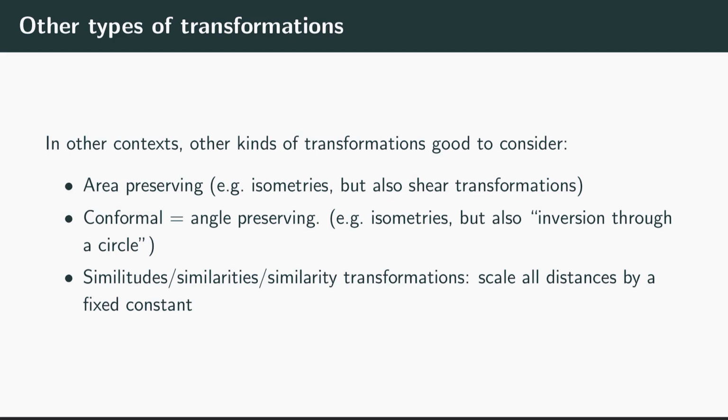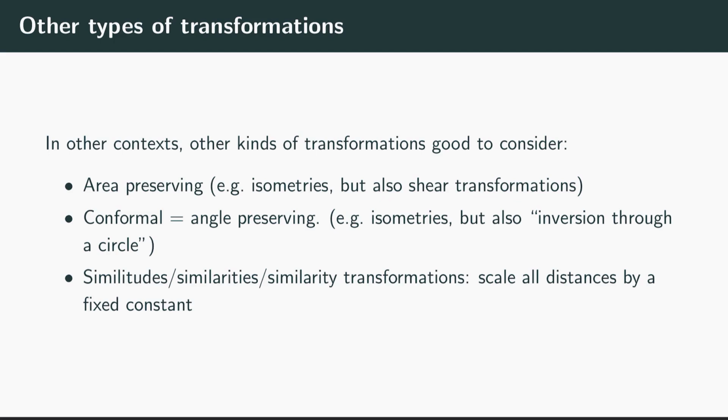Another class that's important is something called a conformal transformation. Here we're thinking of it as preserving shapes, so that one is angle preserving. There are many examples of these. Obviously the isometries are going to have this property, but also inversion through a circle, which we will see a little bit later on in the course.